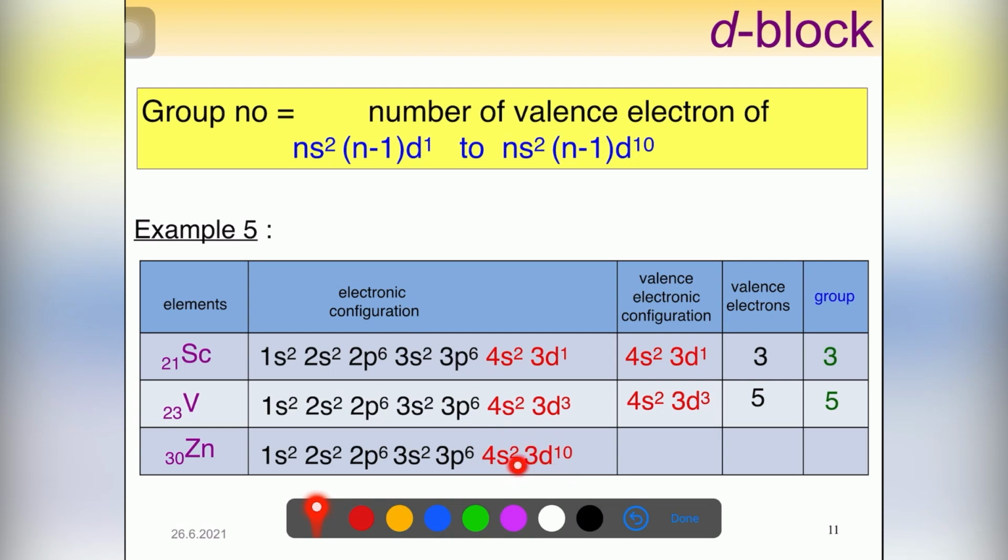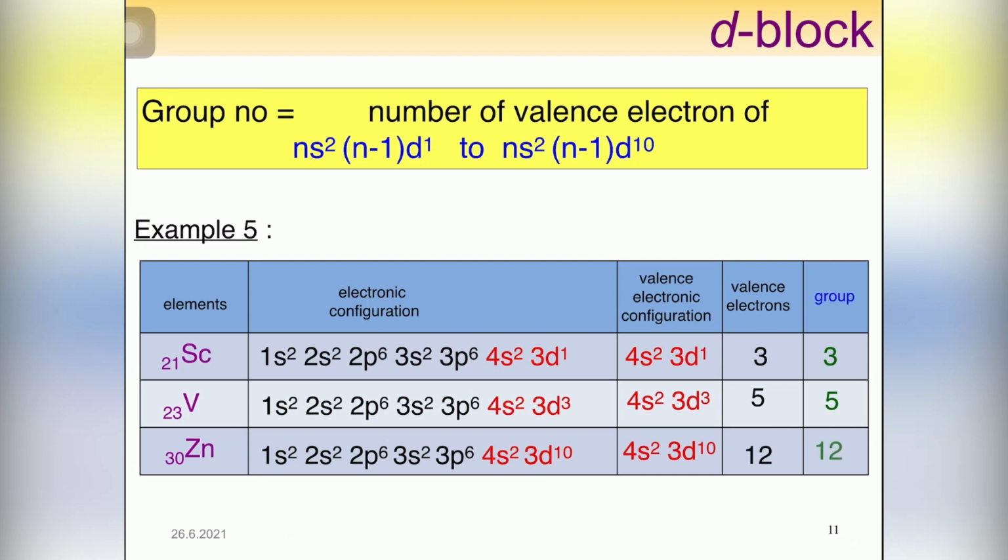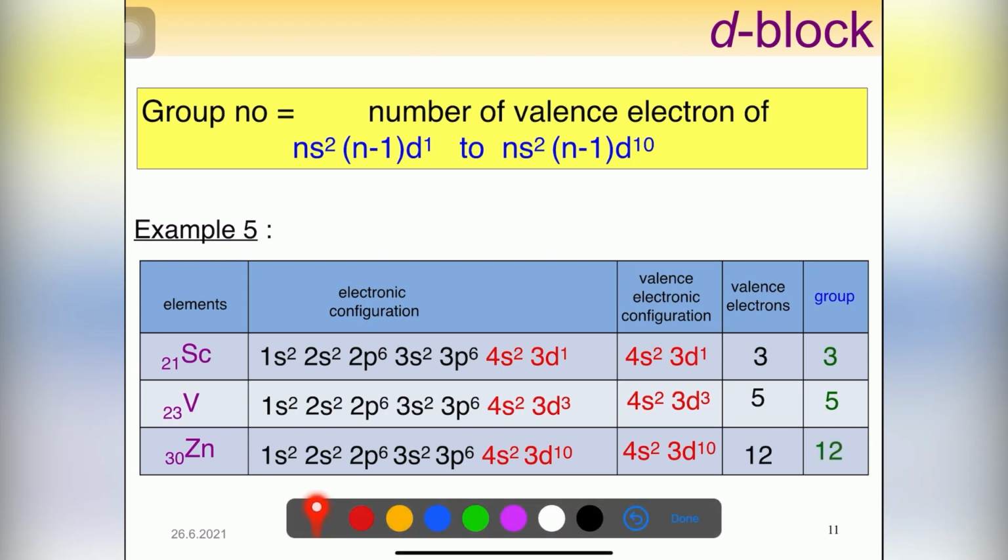The total valence electrons is 2 plus 10, so the valence electron count is 12, and it is in group 12. So for the elements in the d block, the valence electrons occupy orbitals s and d.